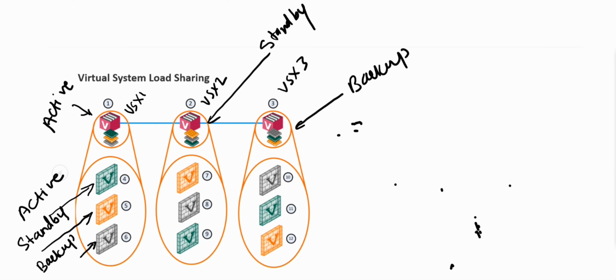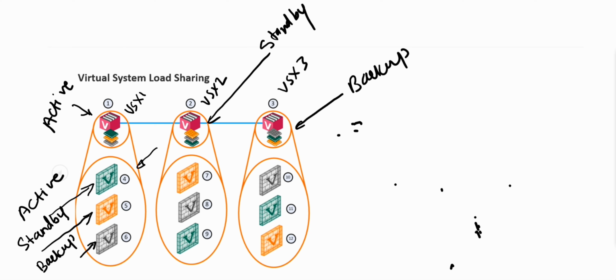Now a similar thing goes with your virtual systems. For the virtual systems on VSX gateway 1, if you have 3 virtual systems there, you will configure one virtual system as active, one as standby, one as backup. With VSX gateway 2, you will have the same sort of scenario: one active, one standby, one backup.